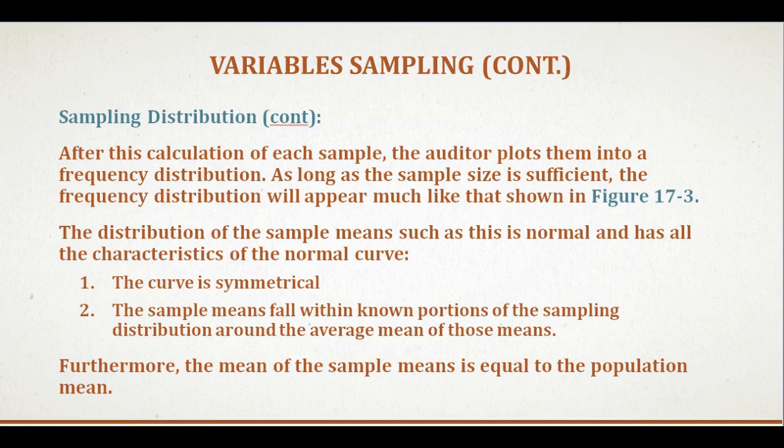The distribution of the sample means such as this is normal and has all the characteristics of the normal curve, where the curve is symmetrical and the sample means fall within known portions of the sampling distribution around the average, or mean, of those means. Furthermore, the mean of the sample means is equal to the population mean.